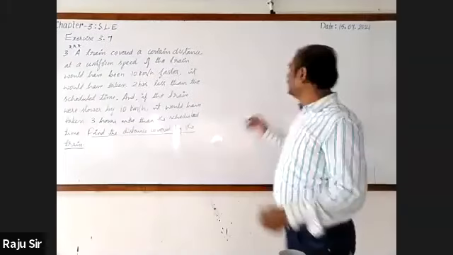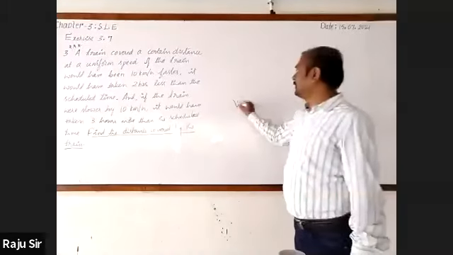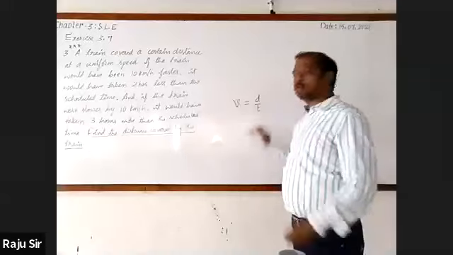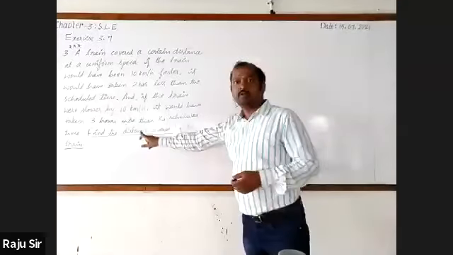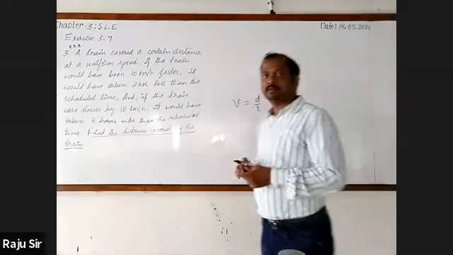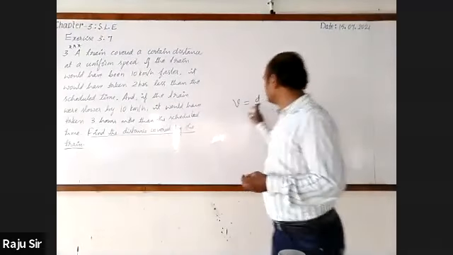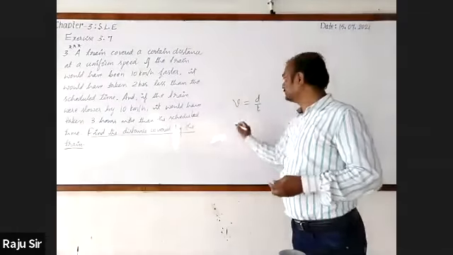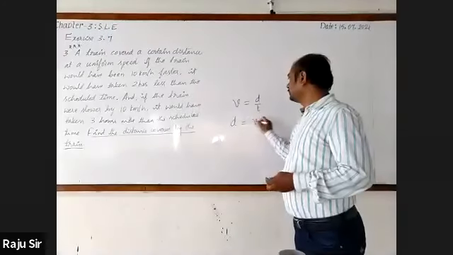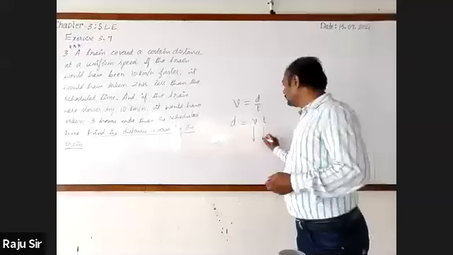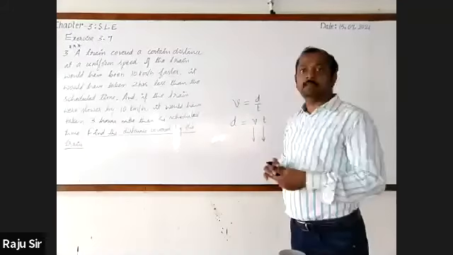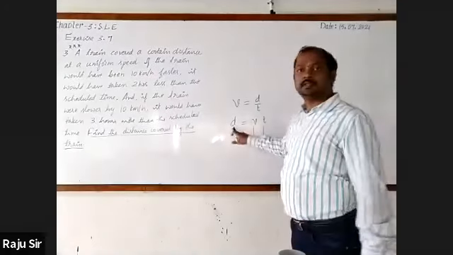Speed. The speed formula is V is equal to D by T. What are you going to find out? Distance. Then solve for D: D is equal to V into T. That means when you know the speed as well as the time, you can find out the distance.